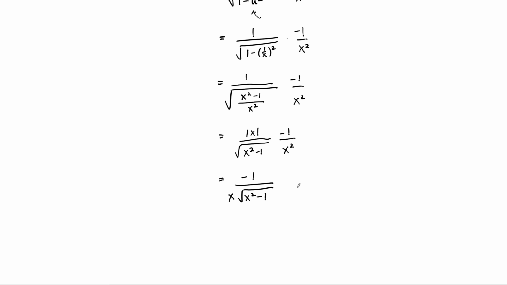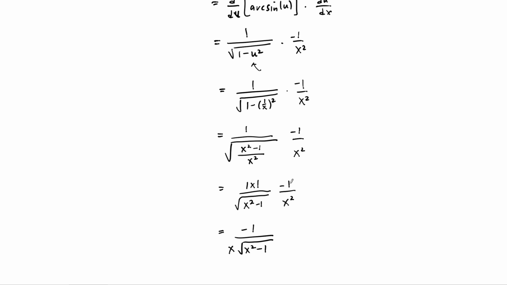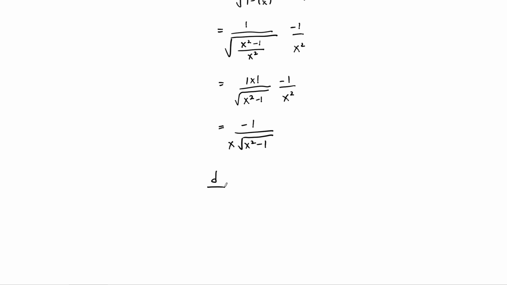This then is the derivative of our arc cosecant function. So after all that work, using the chain rule and the formula for the arc sine derivative that we just worked out, the derivative of arc cosecant of x is equal to negative 1 over x times the square root of x squared minus 1.